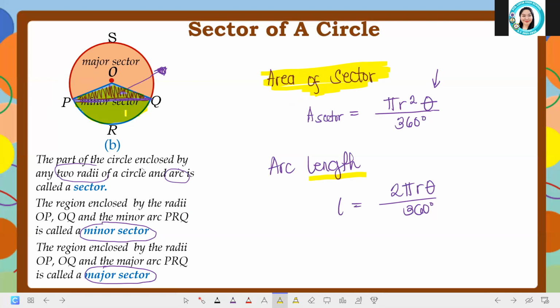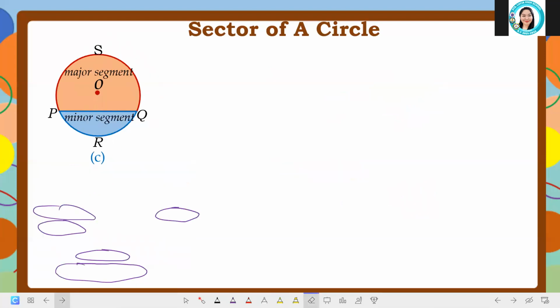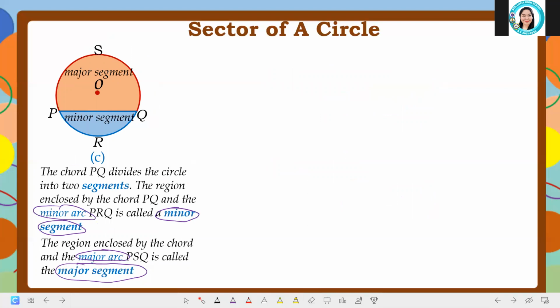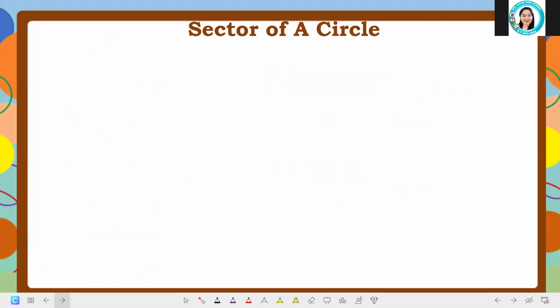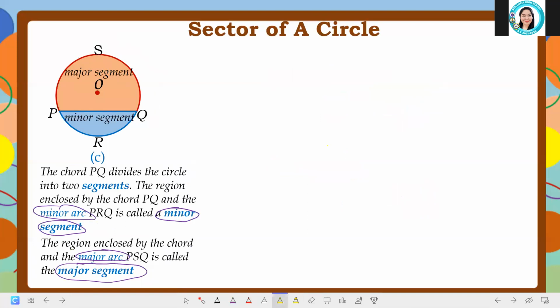So, binawas to para makuha natin yung measure ng minor segment. Okay. Let us proceed. Doon tayo sa formula ni minor segment.